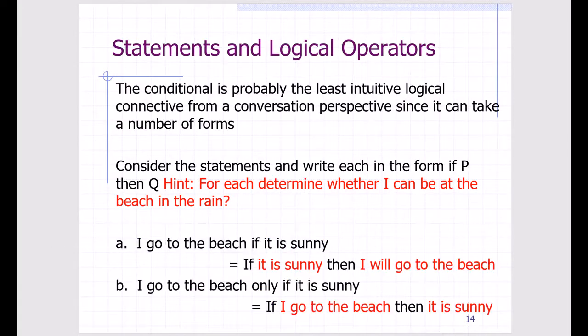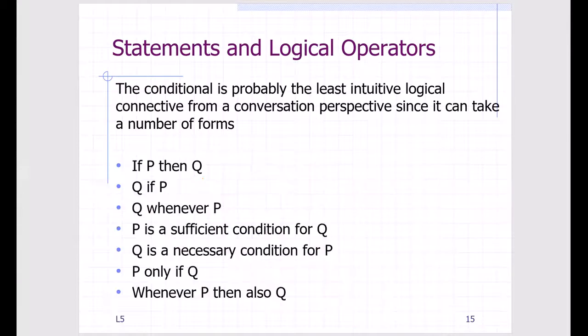So if we reword this into the formal if-then form, in the first statement, it is sunny becomes the P, and in the second statement, I go to the beach becomes the P. Like I said, this is not going to be on the exam, so don't worry about this so much.